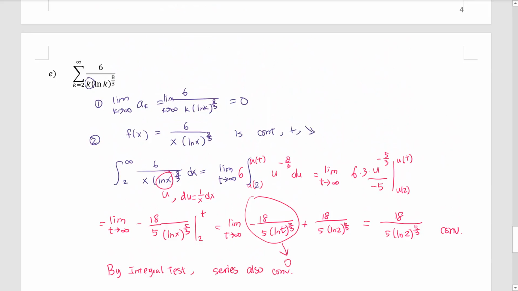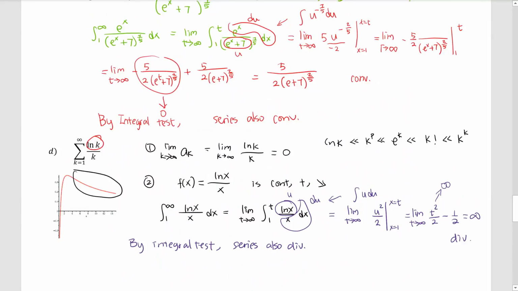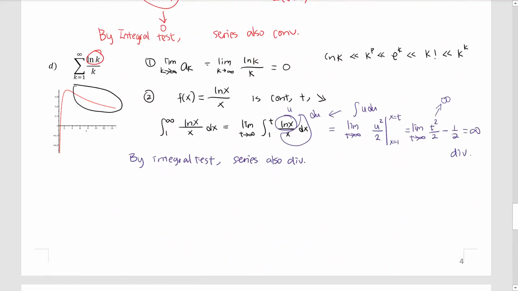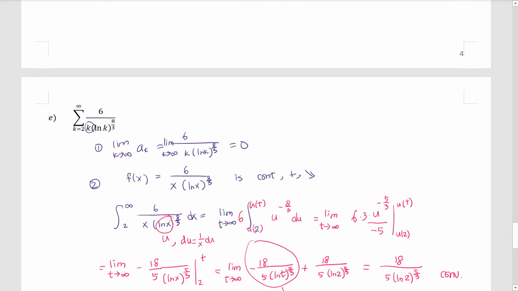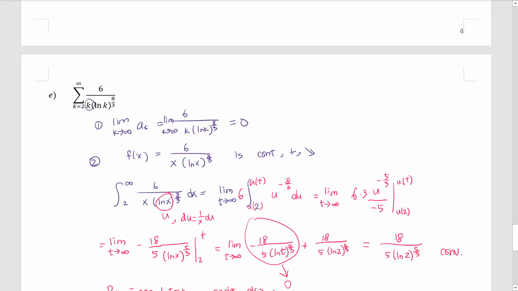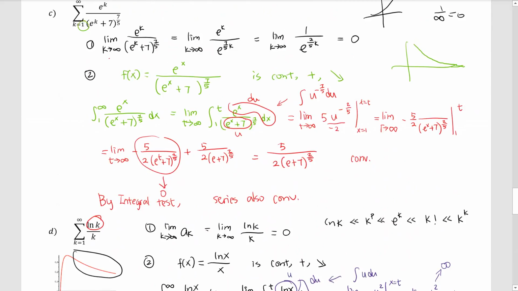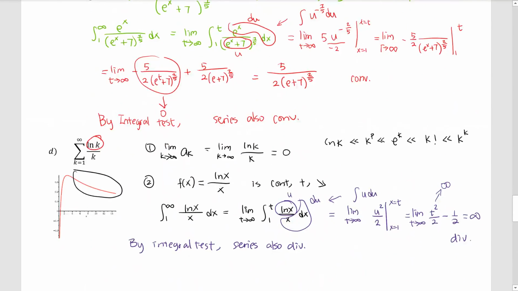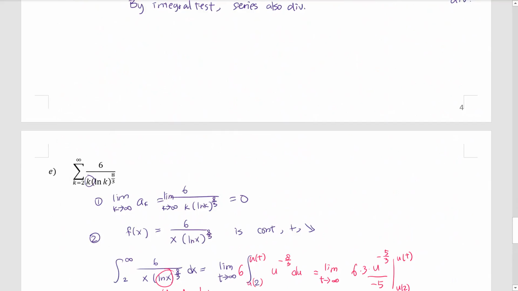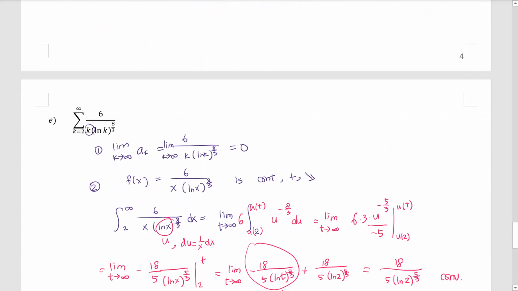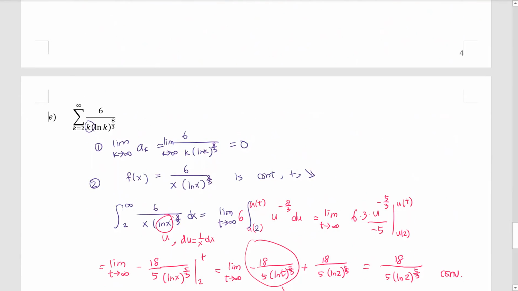Okay, you can see example parts D and E are actually quite similar, but in one of them the integral and the series diverge, and in the other one the integral and the series converge. That is because after you integrate, does your u live in the numerator or in the denominator?